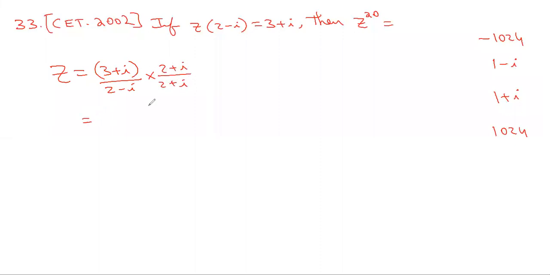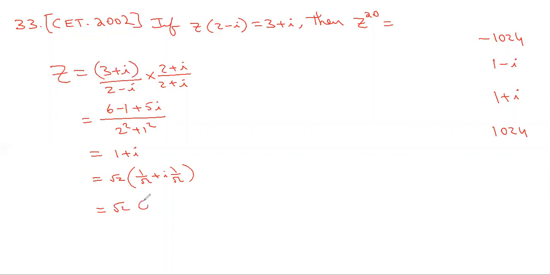Which is equal to 6 minus 1 (since i into i is i square, minus 1), plus 3i plus 2i, which is 5i, over a square plus b square, 2 square plus 1 square, 5. 5 by 5, 1 plus i. So z is equal to 1 plus i. So 1 plus i is basically root 2 times (1 by root 2 plus i into 1 by root 2), basically root 2 cis pi by 4, cos pi by 4 plus i sin pi by 4. So this is the convenient notation to apply de Moivre's theorem.